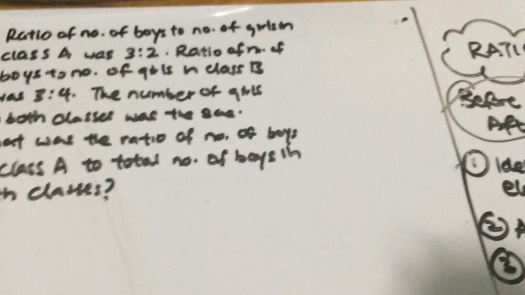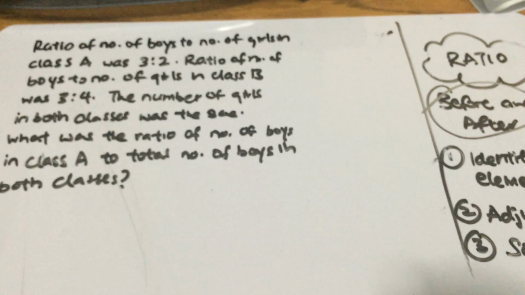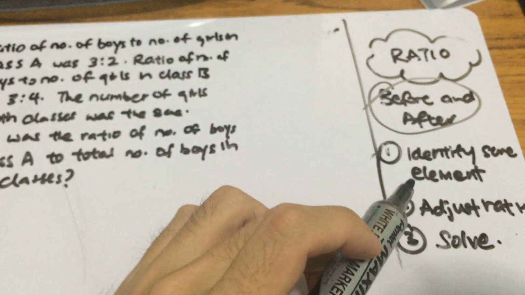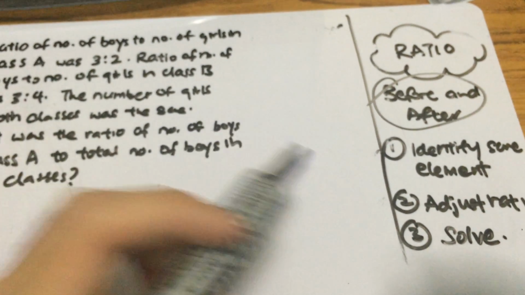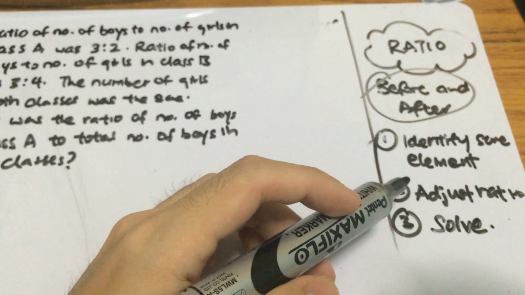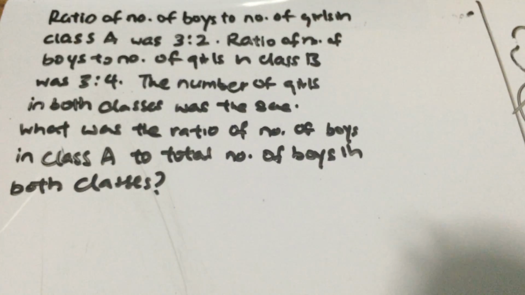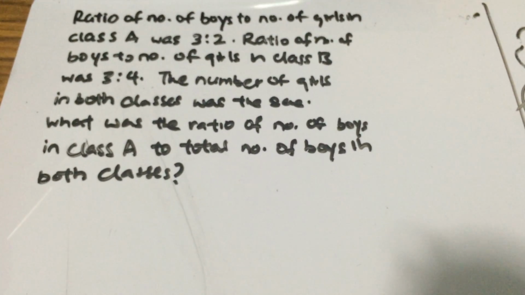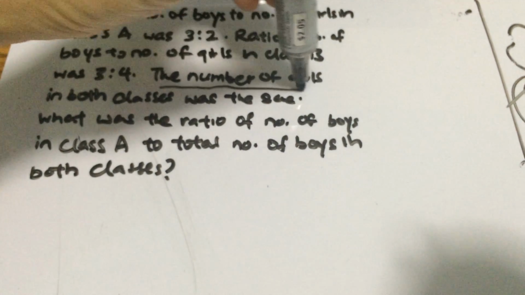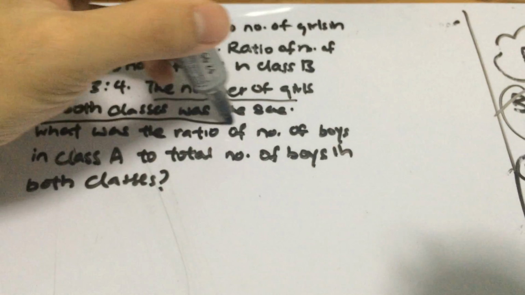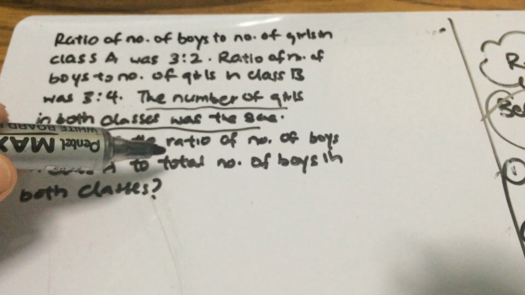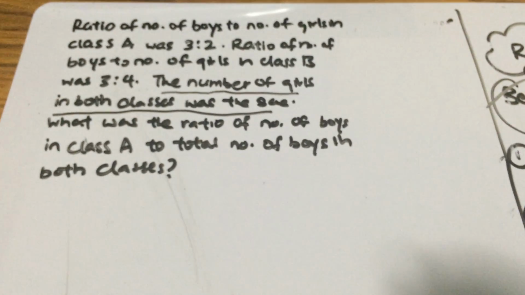This is not exactly a before and after kind of question, but it has a very similar way of solving the problem. So the first thing that we do is to identify the same element. In this problem, the same element is this part down here: the number of girls in both classes was the same. We make use of this very important information to solve this question.